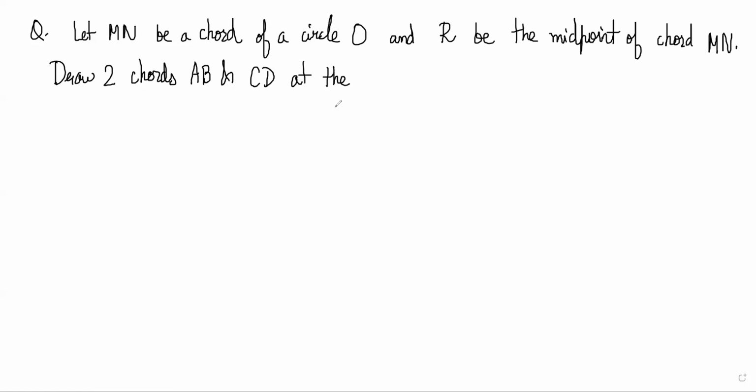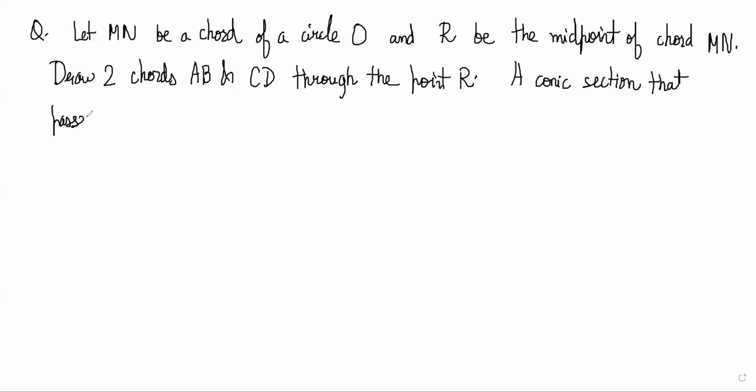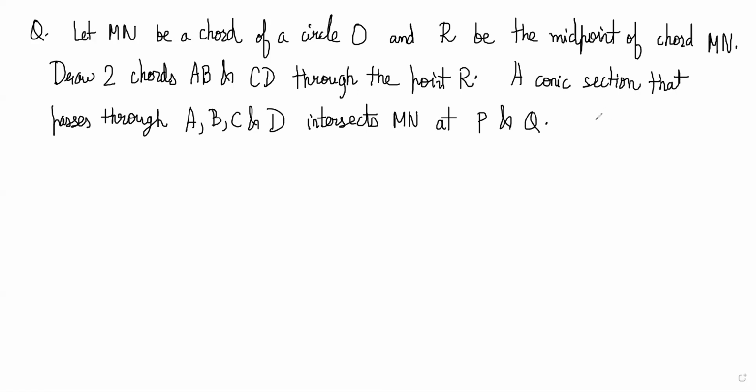I should write that instead. Now, a conic section that passes through A, B, C, and D intersects MN at P and Q. We have to prove that R is the midpoint of PQ.